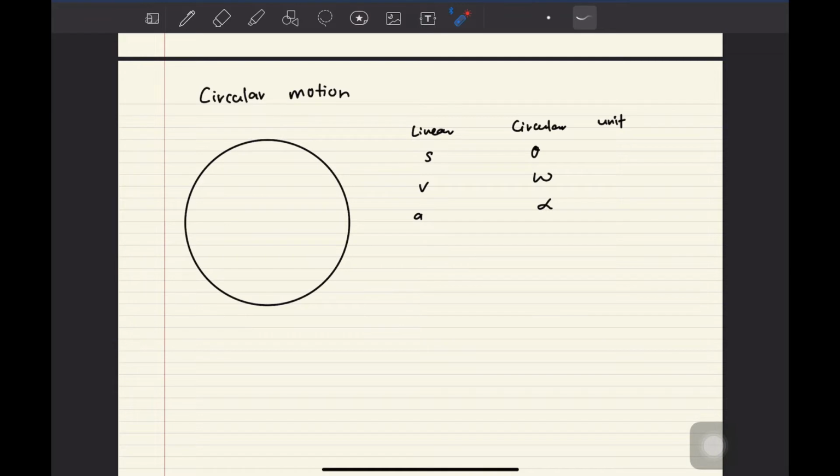In this chapter you might have to use omega and theta quite a few times, so you see some of the quantities use those symbols.